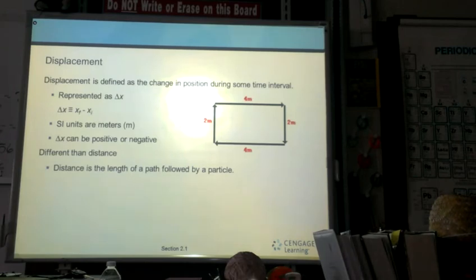Okay, displacement. Displacement is just defined as the change in position during some time interval. So we represent displacement as delta x. You may also see it as delta D. So you'll see displacement as either X, or you may see it as Y, you may see it as D. I don't care what you write, just as long as you're consistent in your variables throughout your entire problem.